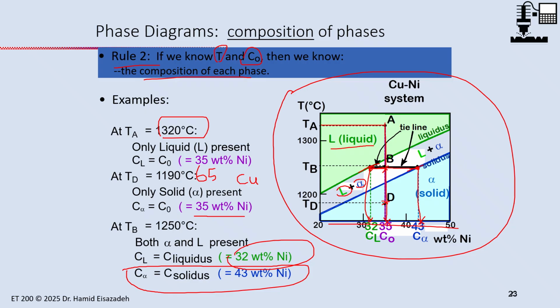But if you are in this gray region, you are dealing with multiple phases. For our case, this is a binary system, so we are talking about two components. Then you just need to draw a horizontal line to find the solidus point and the liquidus point, and then draw a vertical line to find out the composition of those two phases, liquid and solid material.